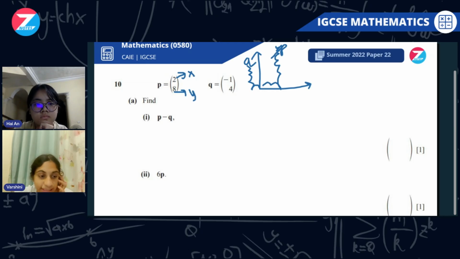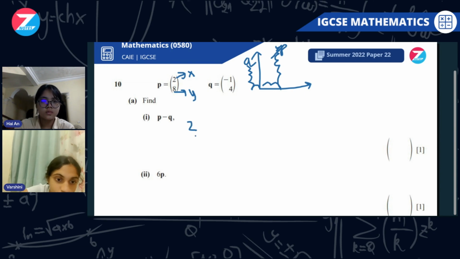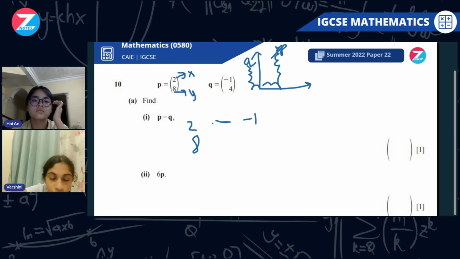Okay, so now firstly they want us to find p minus q. So we know when we subtract vectors, we have to subtract both the x and the y from the other vector. So over here that's going to be (2, 8) minus (-1, 4).